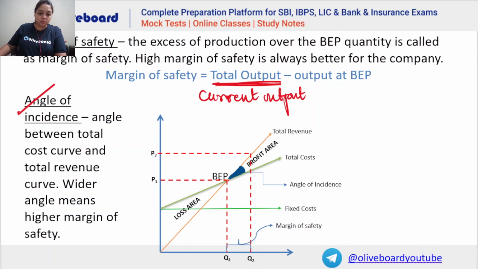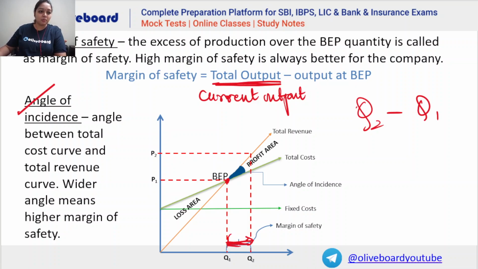Can you see this is the break even point because the total cost curve and total revenue curve are intersecting here. So the quantity here is Q1. So our output at BEP is Q1. But what is the actual production? It is Q2. Can you see it is higher? So Q2 minus Q1 will give you your margin of safety. This is your margin of safety, right?